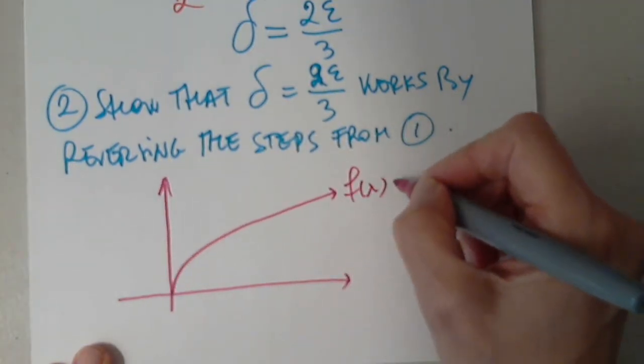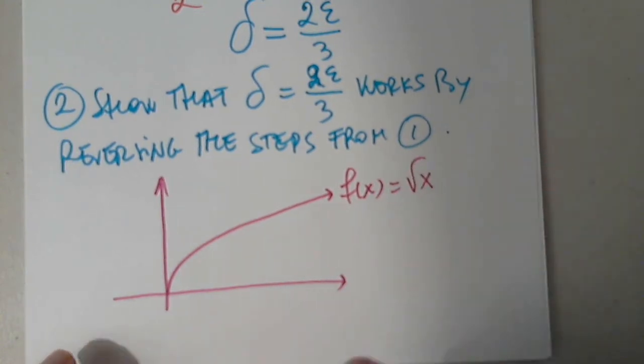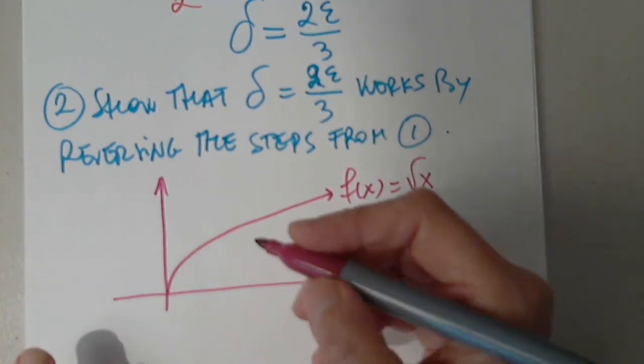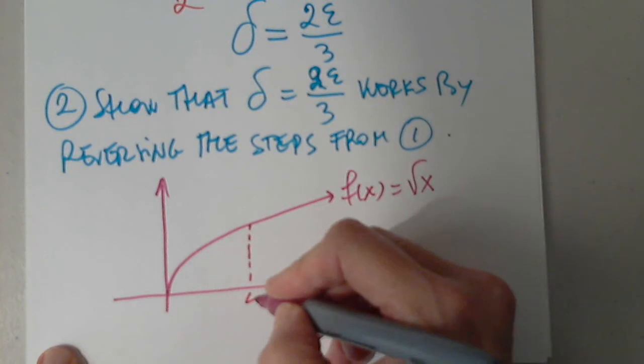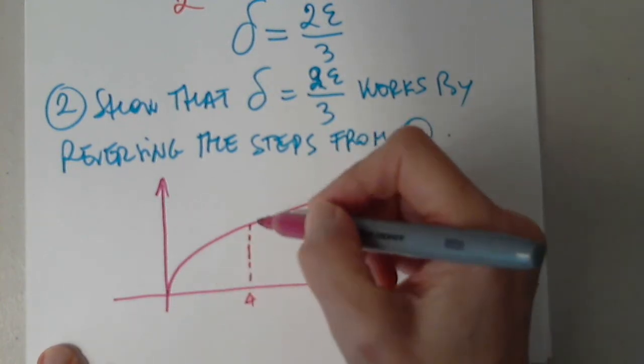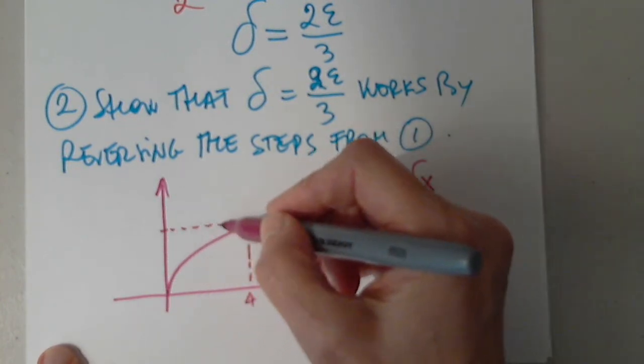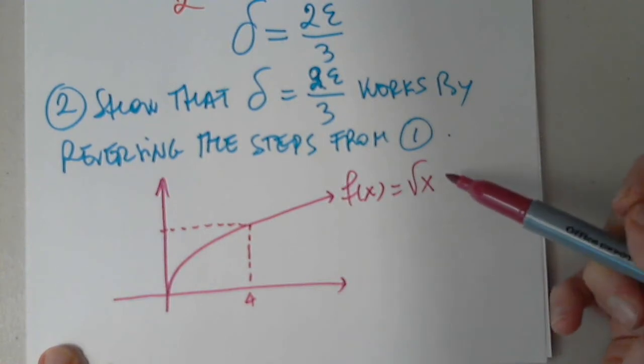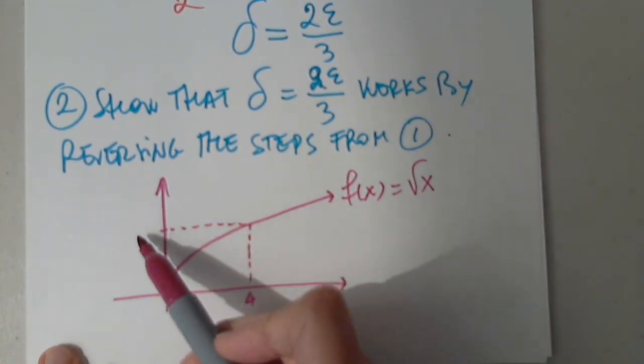So f of x equals the square root of x, and they're giving us 4, and what is the limit of f of x when x approaches 4 from either side?